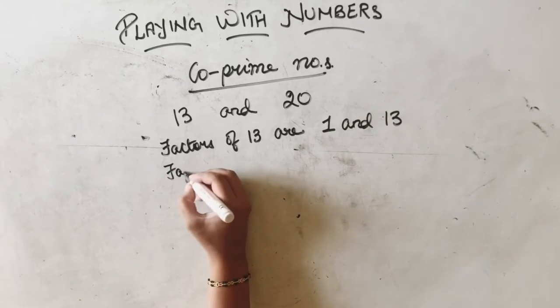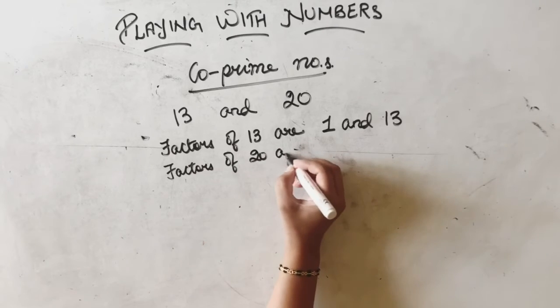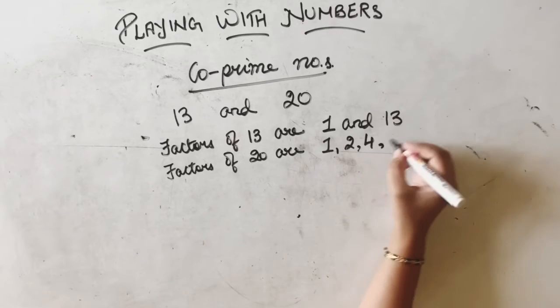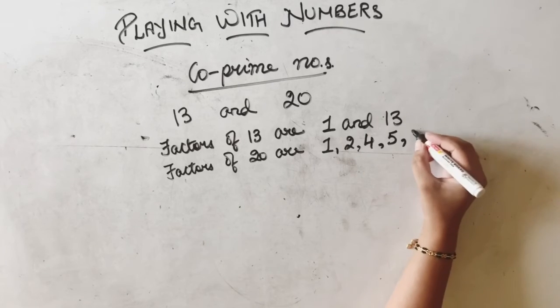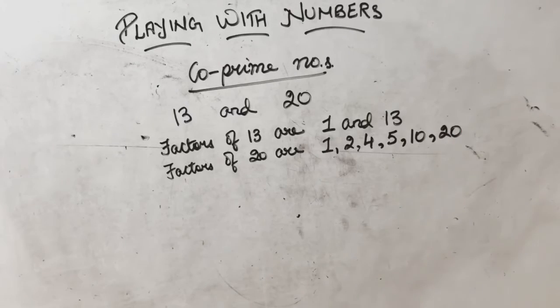Then write down the factors of 20: 1, 2, 4, 5, 10, 20. So these are the factors of 20. Now you have to find the common factors of 13 and 20.